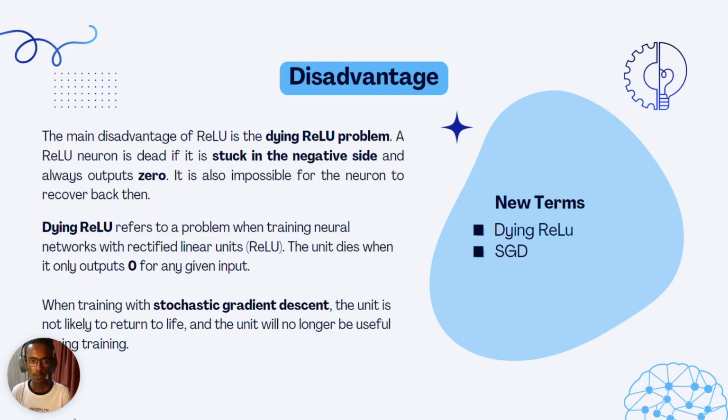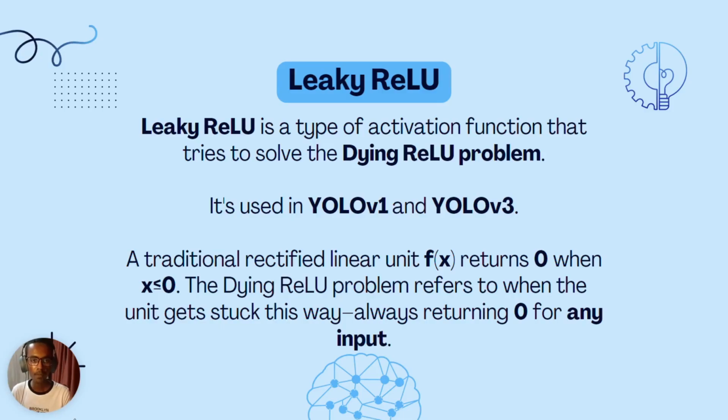So in order to solve the dying ReLU problem, the Leaky ReLU activation function was used. The Leaky ReLU is a type of activation function that is intended to solve specifically the dying ReLU problem. And the Leaky ReLU is deployed in YOLO v1 and YOLO v3.